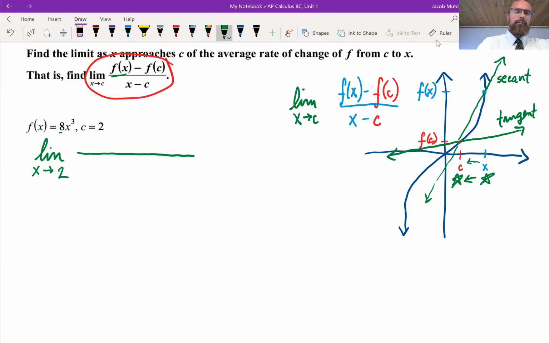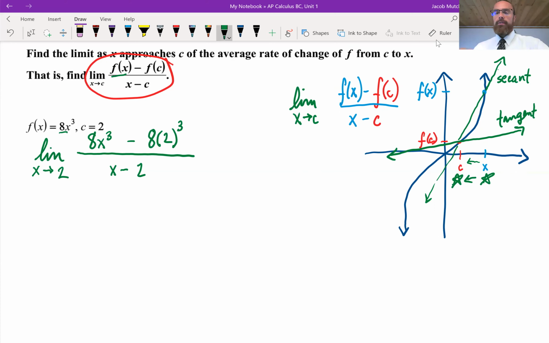So that for us is 8x cubed. And then I want to calculate f at c. So for us, f at c is going to be 8 times 2 to the power of 3. So I'm actually putting in that c value into the expression. And then down below, x minus, again, c is 2. So that sets it up.